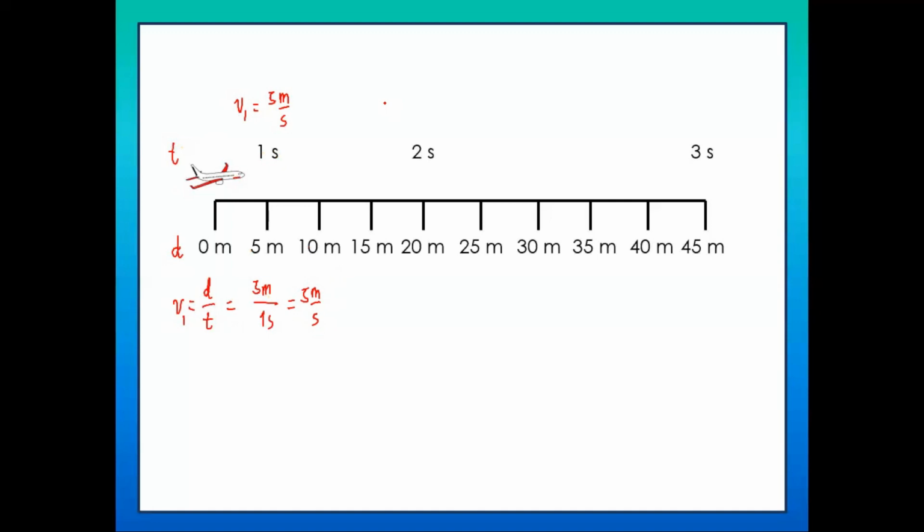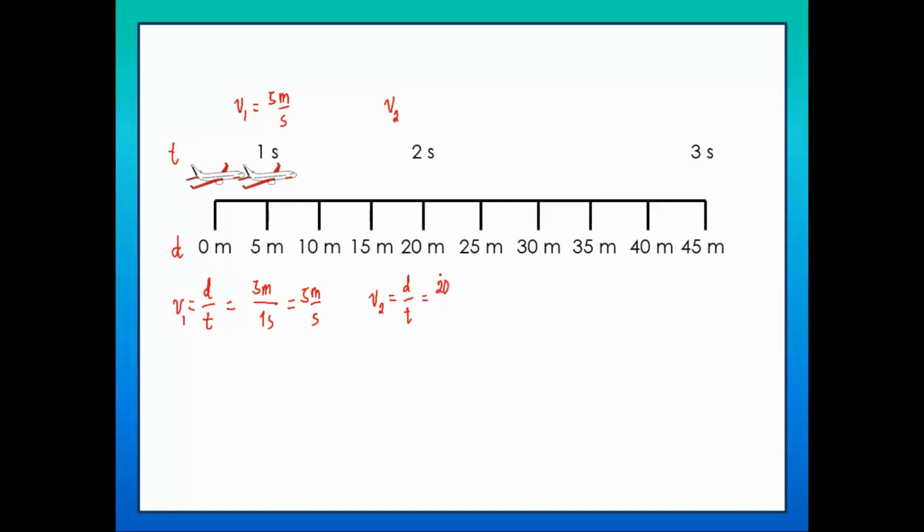Now for v sub 2, or the second velocity, we'll be using the values here. And again, we follow the same formula. So v sub 2 is equal to d over t. So we have 20 meters.